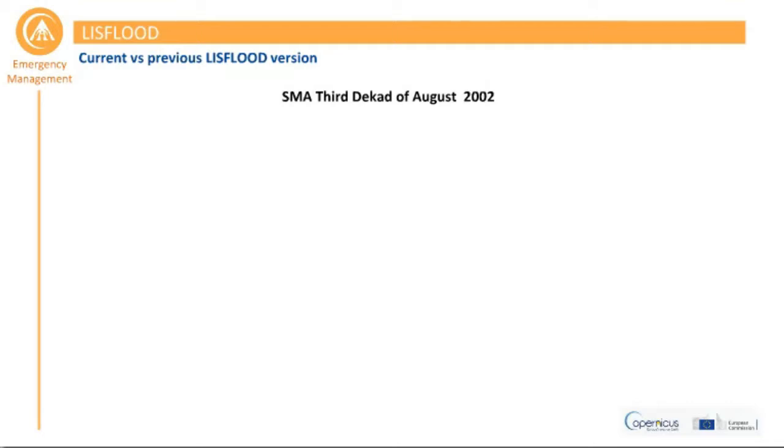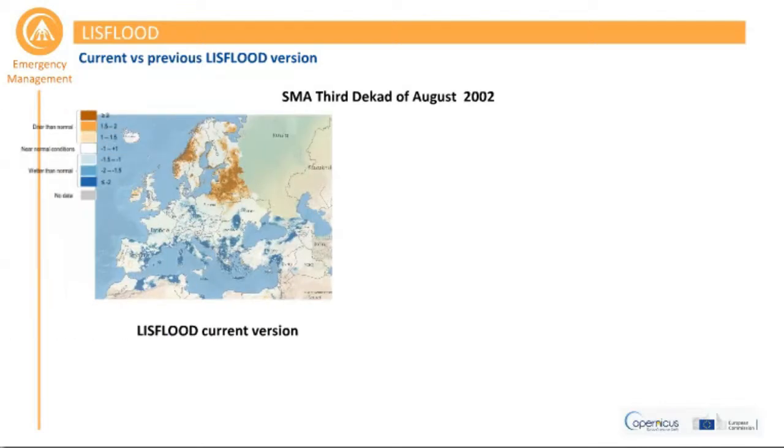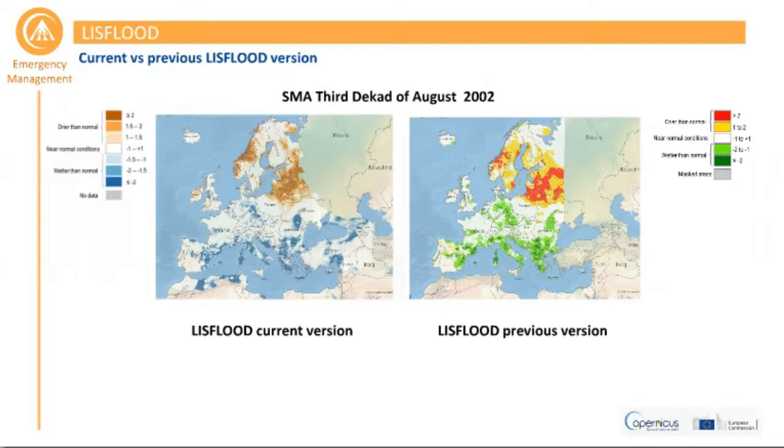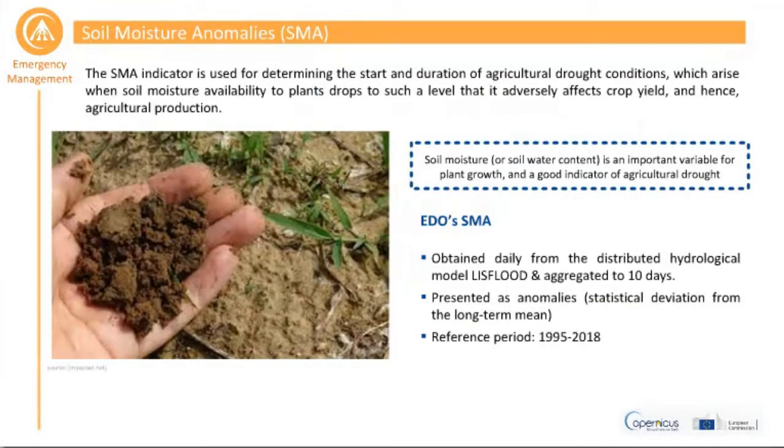LISFLOOD has been updated recently, and its new version covers a bigger spatial domain. As an example, here we have a soil moisture anomalies indicator map for the current and for the previous version. Clearly you can see here that the current version added more countries in Eastern Europe and Turkey and Cyprus, as well as some of the river basins discharging in the Mediterranean in North Africa.